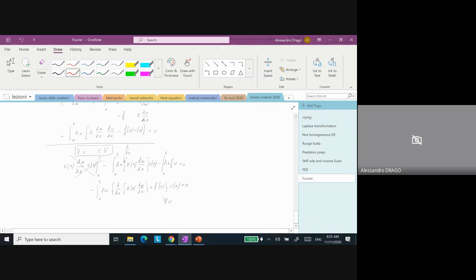And this time we claim that u is a function such that this relation here, that I have written as an integral, holds for whatever test function v, for whatever test function v.